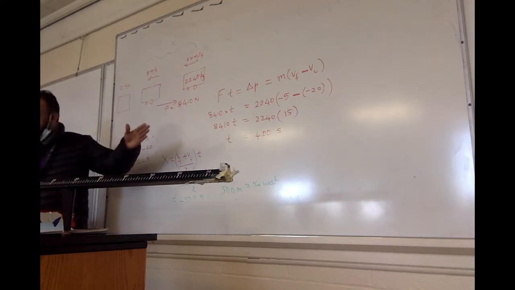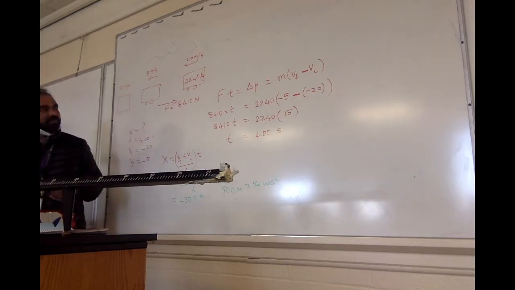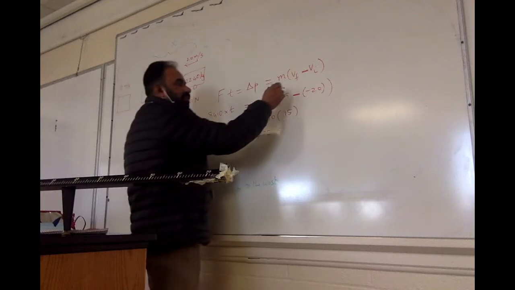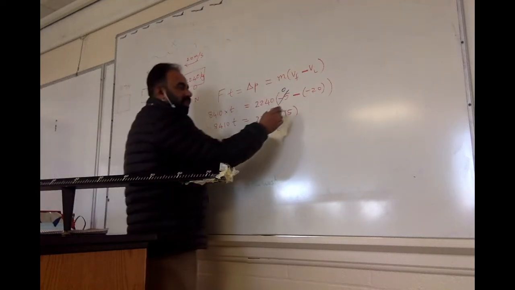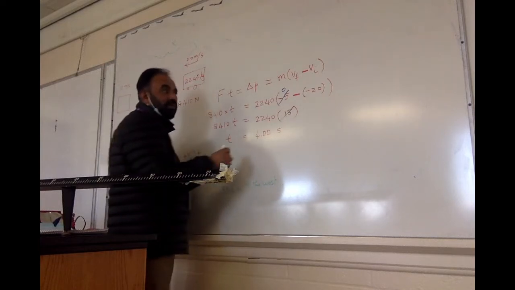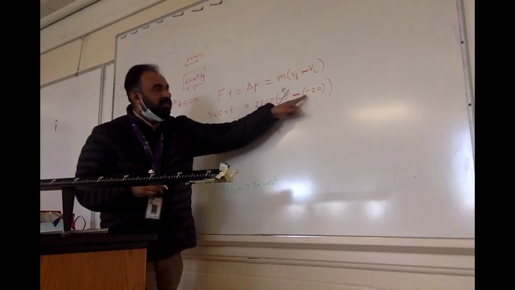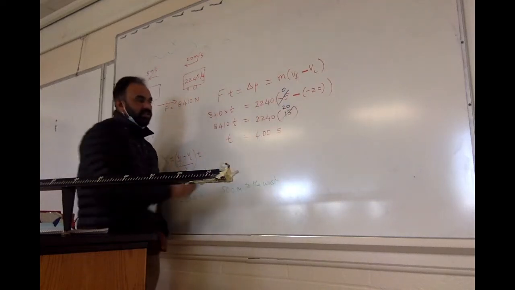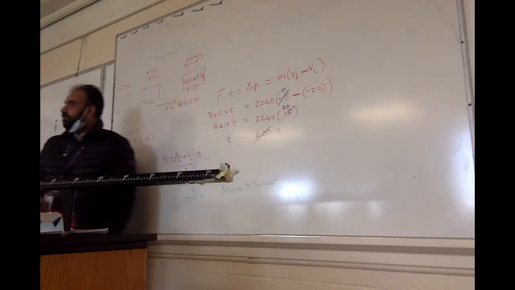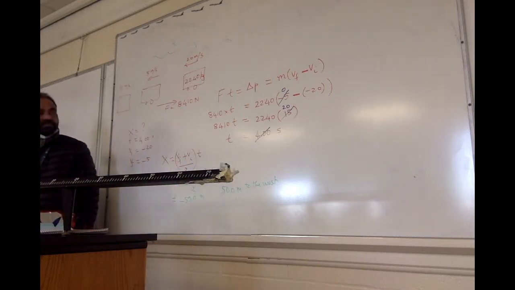What is going to be the difference on this board? Just plug in 0. Exactly. So you put 0. So what will this number be? It will be negative of negative 20, which is positive 20. And so this time is not 4 anymore. What is it? Calculate.